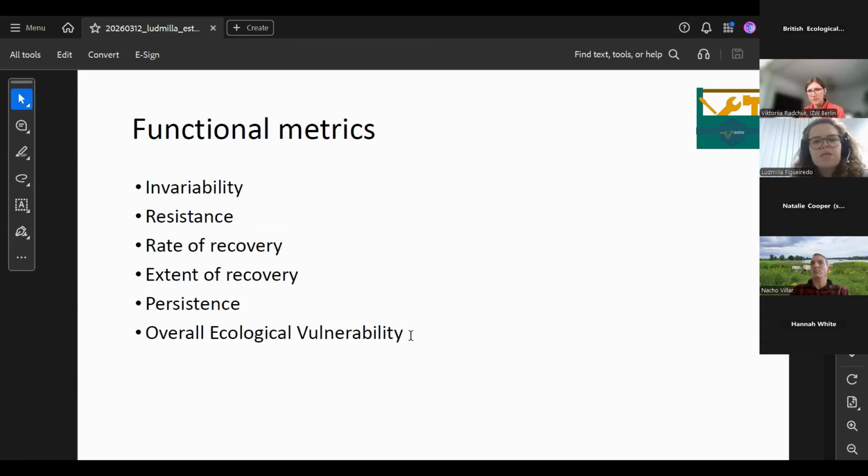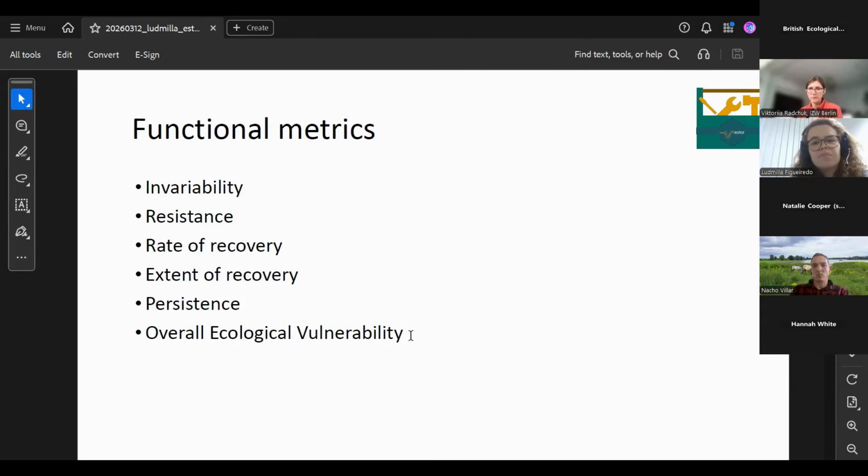And this is a group of functions, and all these properties of stability have slight varieties between them. So there are several ways of calculating invariability, resistance, and so on.